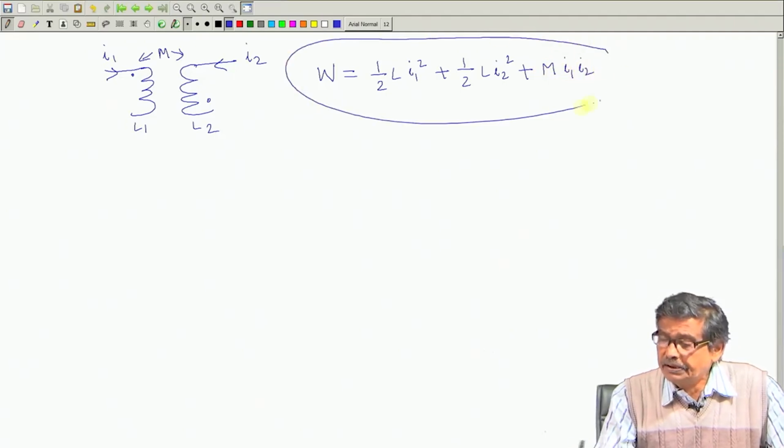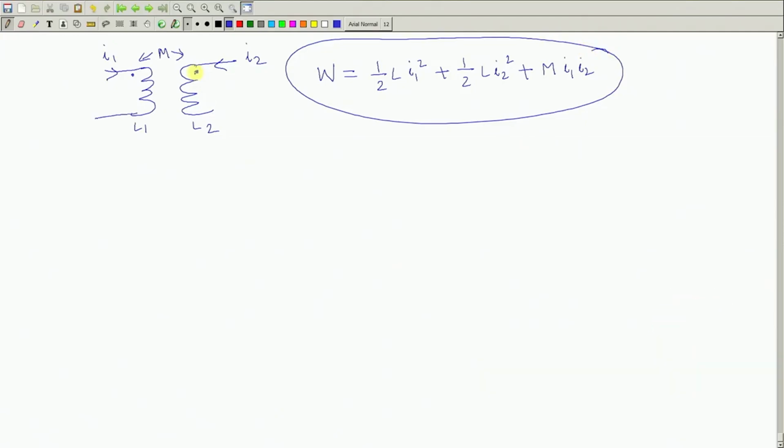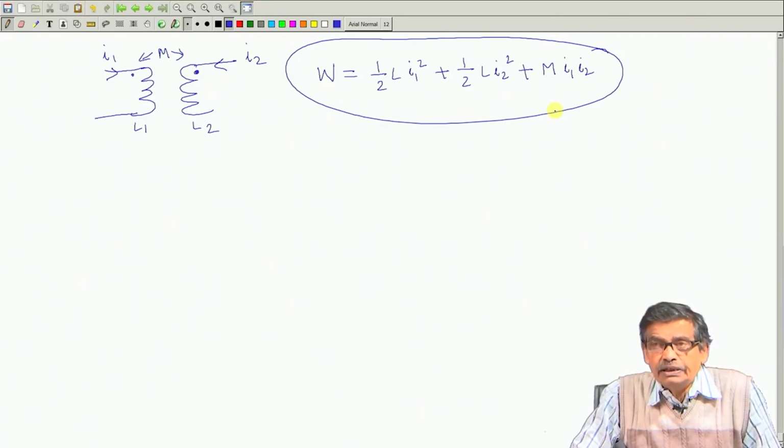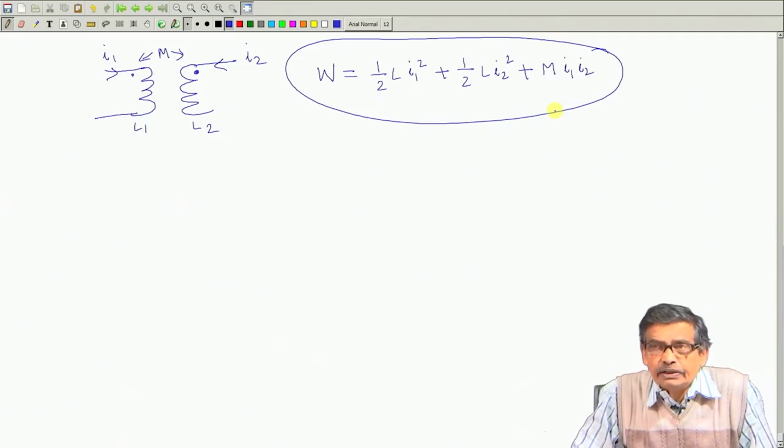This should be remembered. Energy stored in coupled coils will be like this. So, this will be the magnitude of the energy stored in the system. We found this out last time.